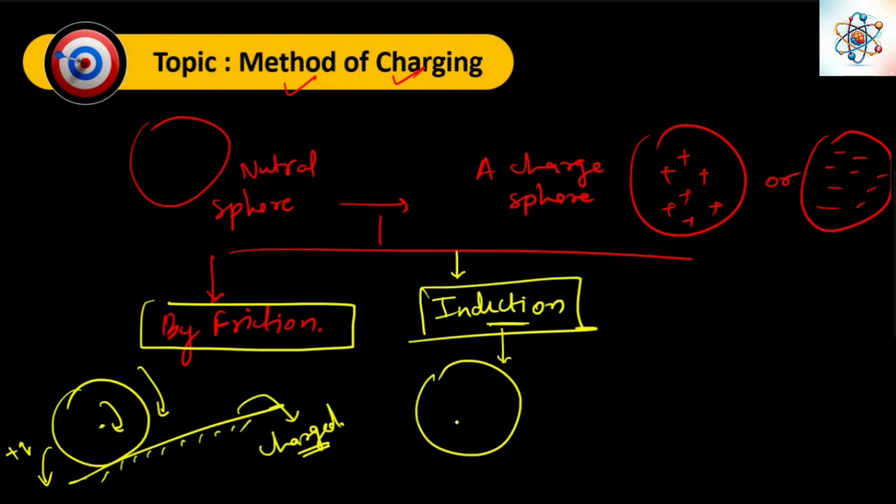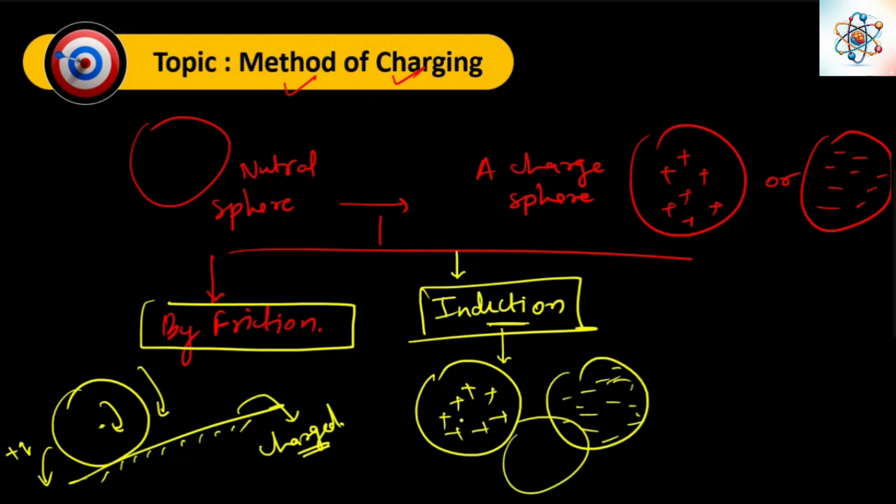Like this is a metal sphere. So we can make this metal sphere a positive sphere, a negative sphere, and at the same time a neutral sphere. So this charge keeps on transferring, and this transfer of charge makes the property of being a charged body change.